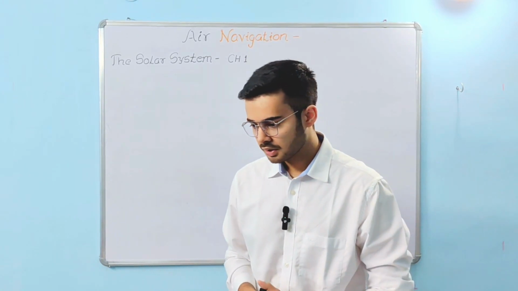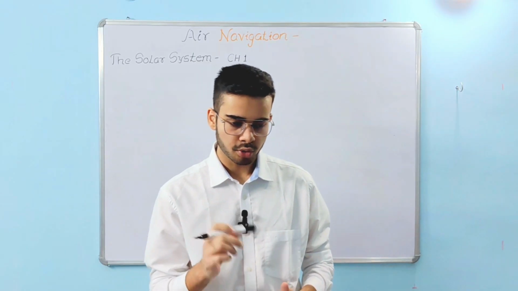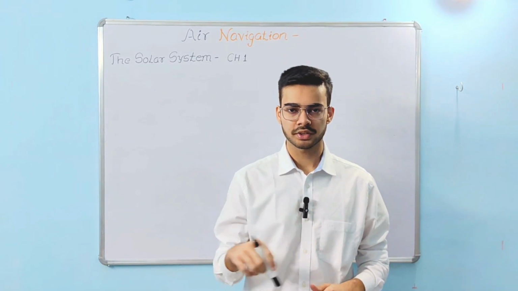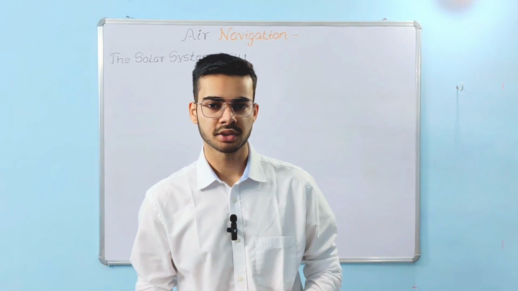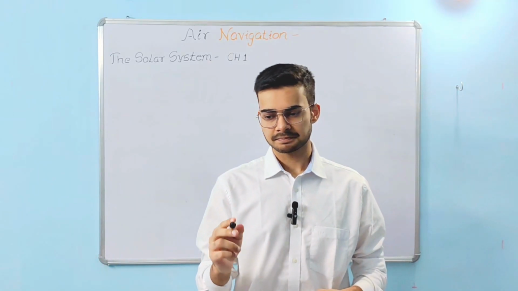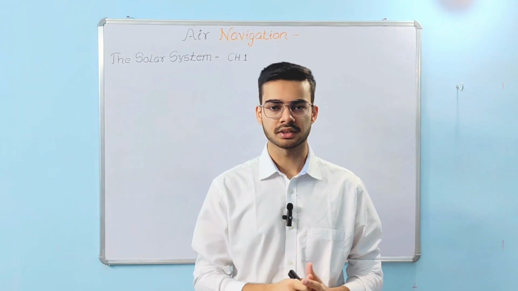So for twilight period, there are two base terms, very important terms, and all the definitions are based on these two terms. So we will start with the two terms: visible horizon and sensible horizon.